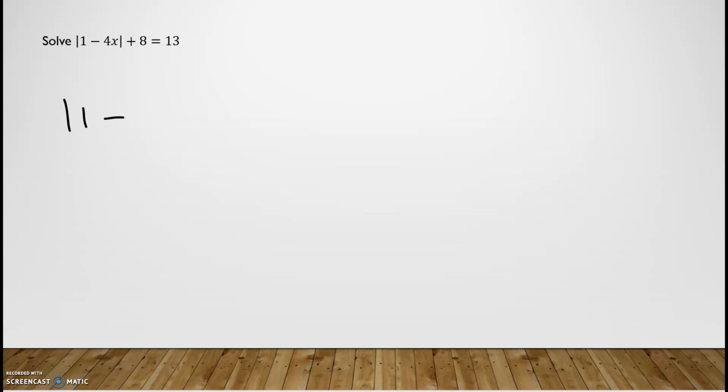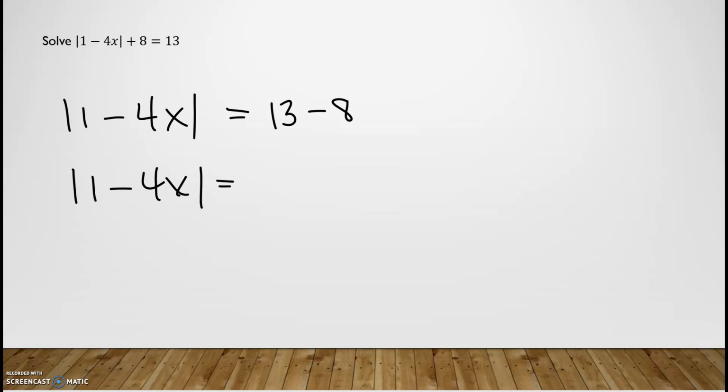So absolute value of 1 minus 4x is equal to 13 minus 8. Okay, so we've got the absolute value of 1 minus 4x is equal to 5.